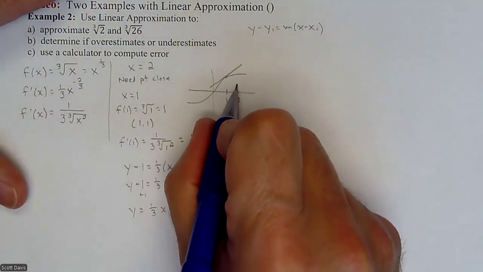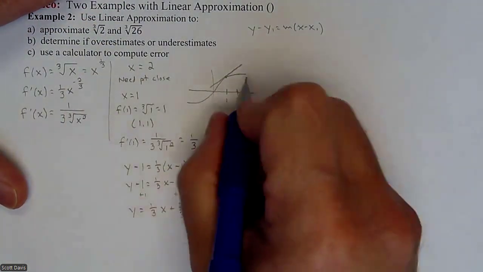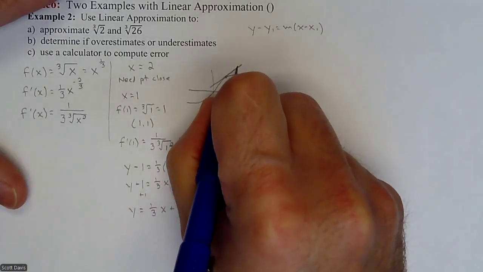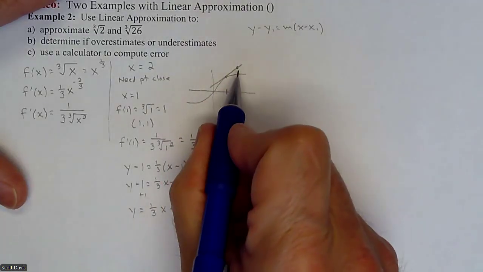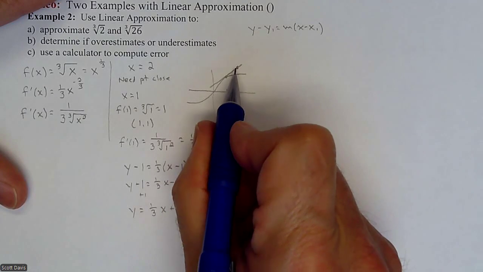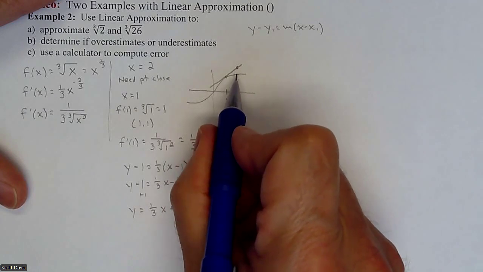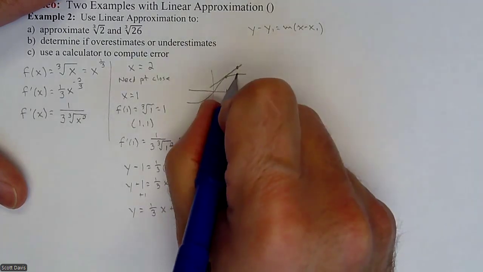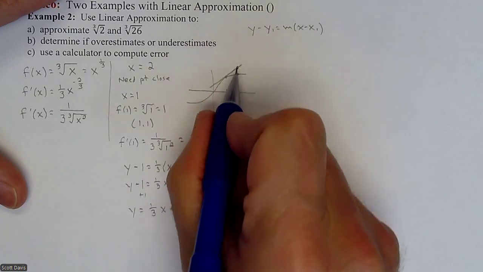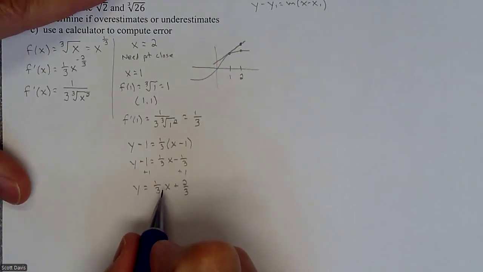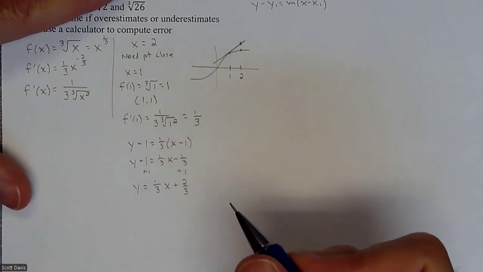But what I can do is plug the 2 into my tangent line, and it's going to give me that y value, which is a little bit of an overestimation, but it's reasonably close, right? So the real value is going to be here, but our estimation based on plugging it into this tangent line is going to give us a value reasonably close to it.